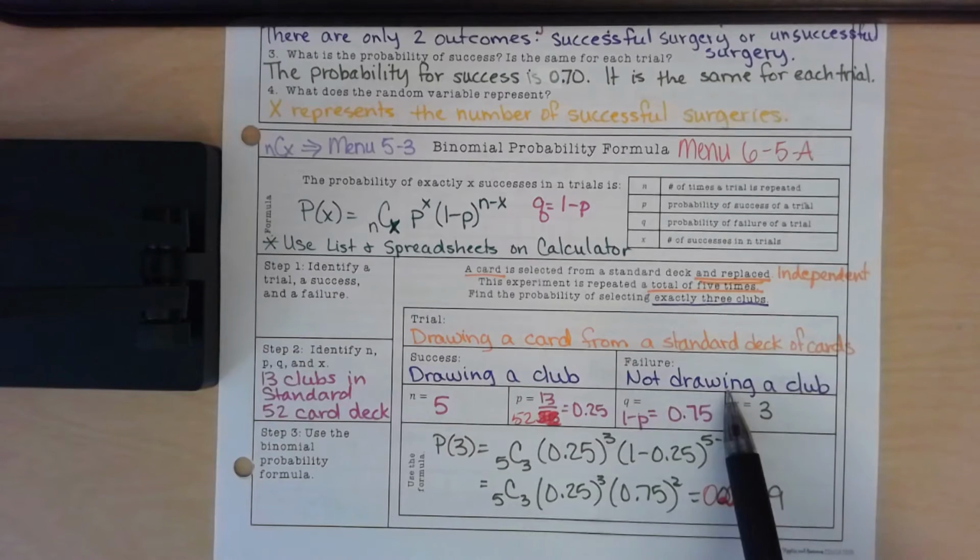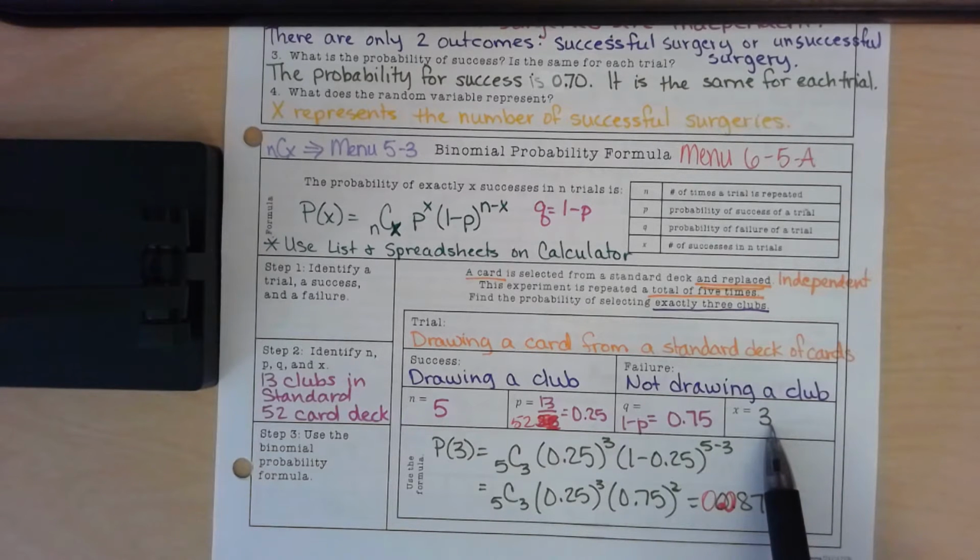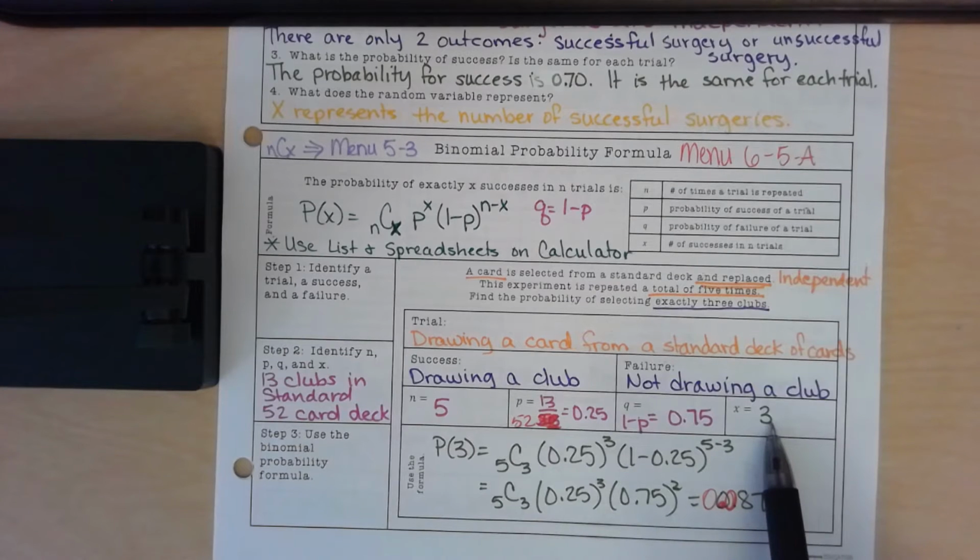Our failure is that we didn't draw a club. There are 5 trials, and the probability of success is 13 clubs in the deck out of 52, so we get 0.25 success. Q is 1 minus P, which is 0.75 failures. And how many successes we want in order to reach our goal is 3.